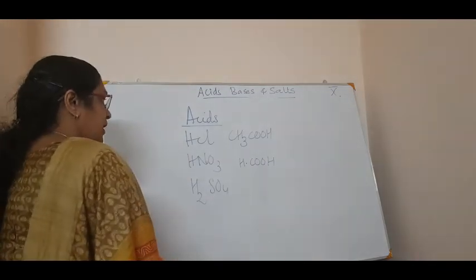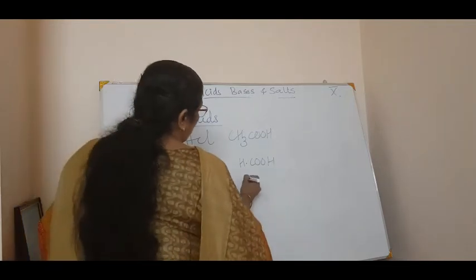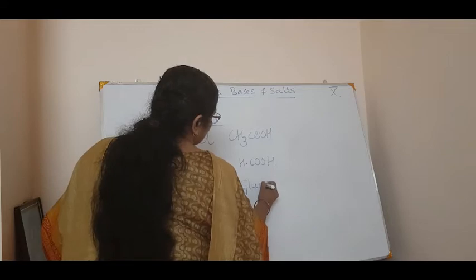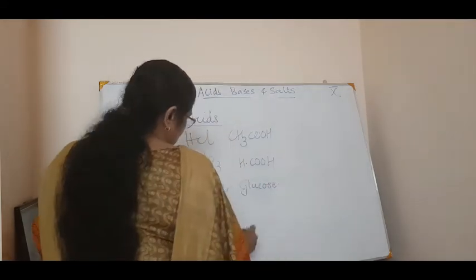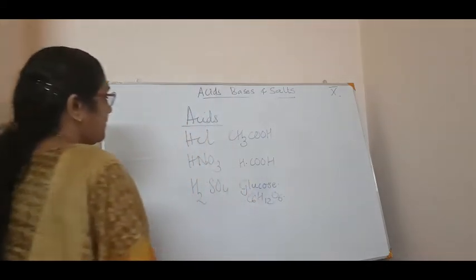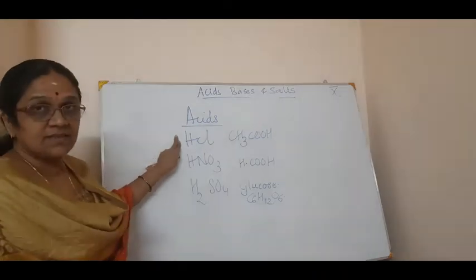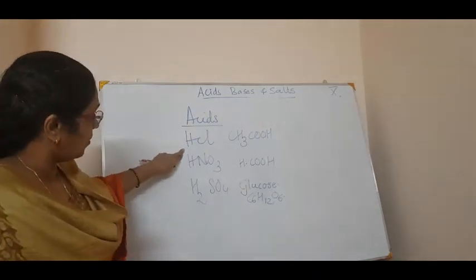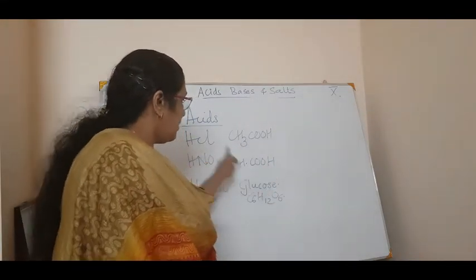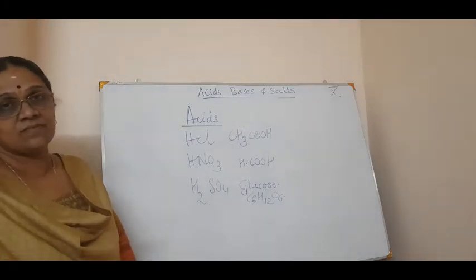Then you will have glucose, C6H12O6. So all of these have what? Hydrogen atoms. In all these substances, there are hydrogen atoms.